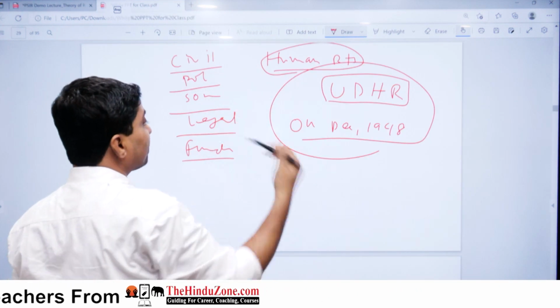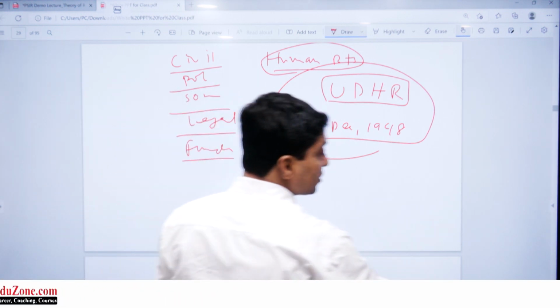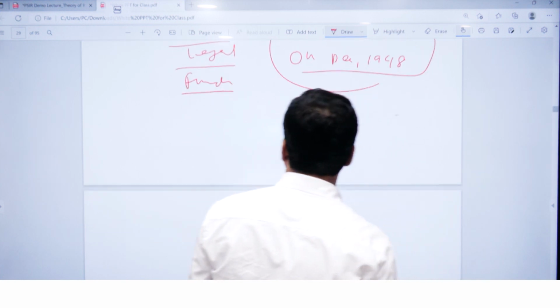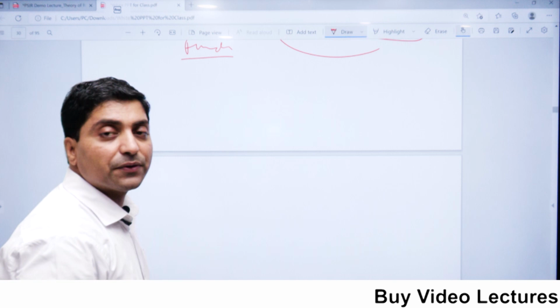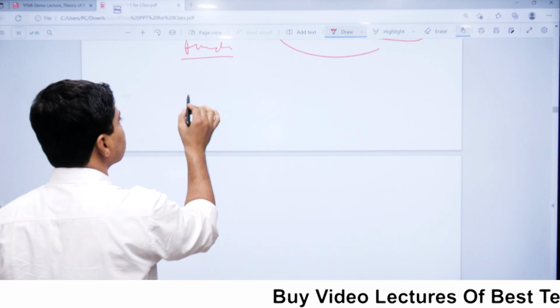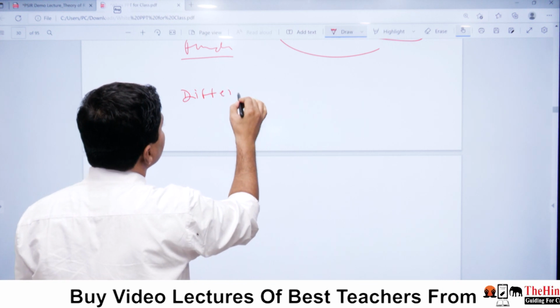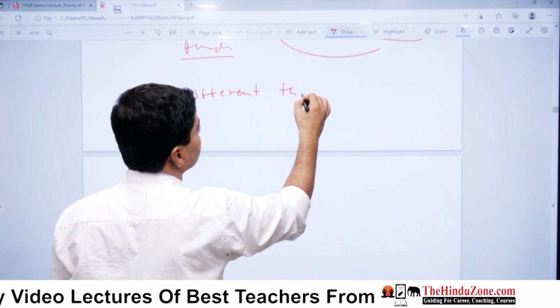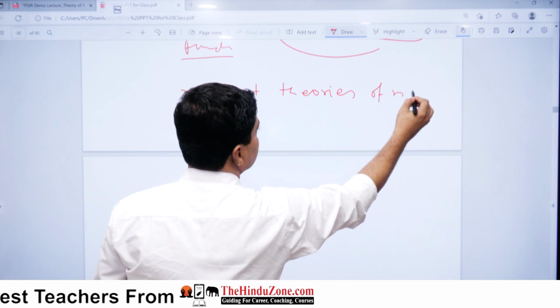So there could be different meanings of rights. Now we will talk about different theories of rights.